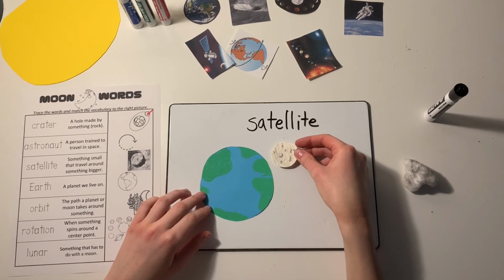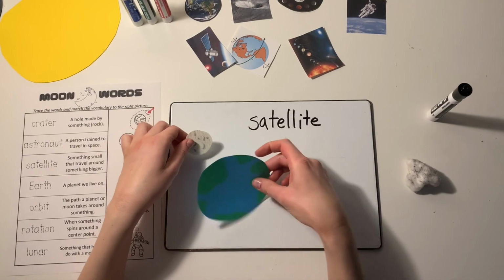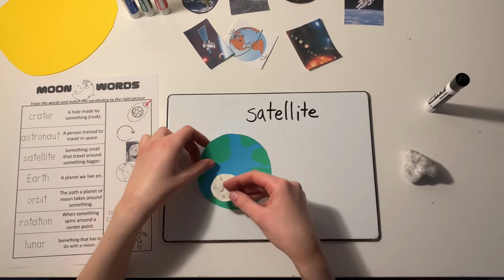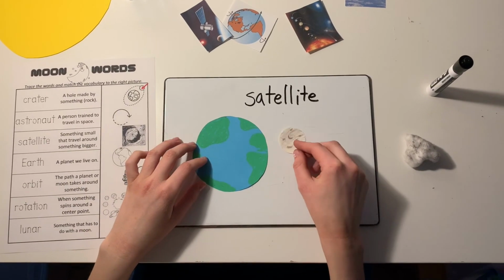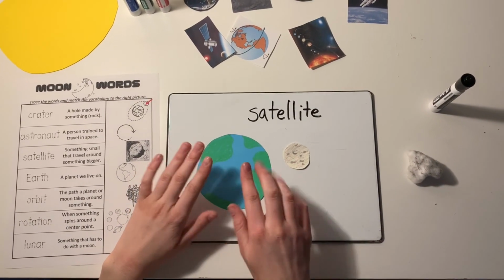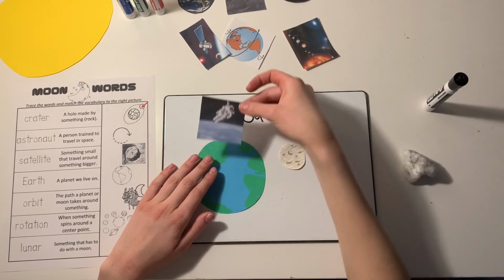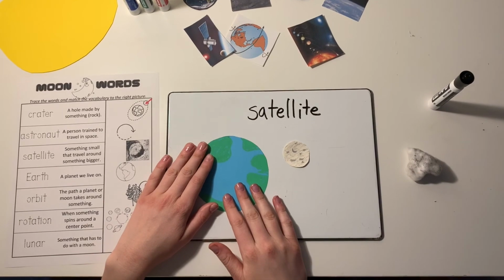So if you have the Earth right here, the moon travels around. And that's why we see it sometimes, and sometimes we don't see it. So, the moon is a satellite, this is the Earth, and an astronaut is someone who travels outside of the planet and travels into space.